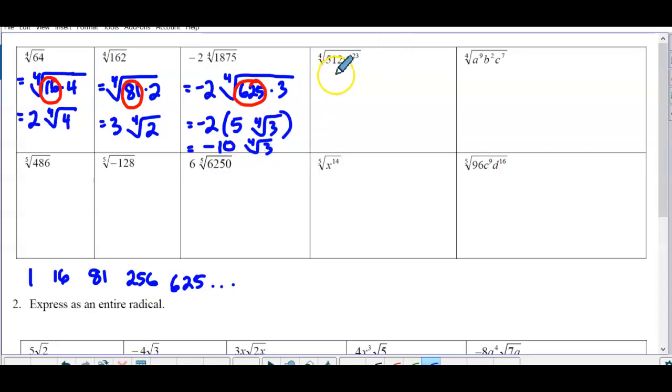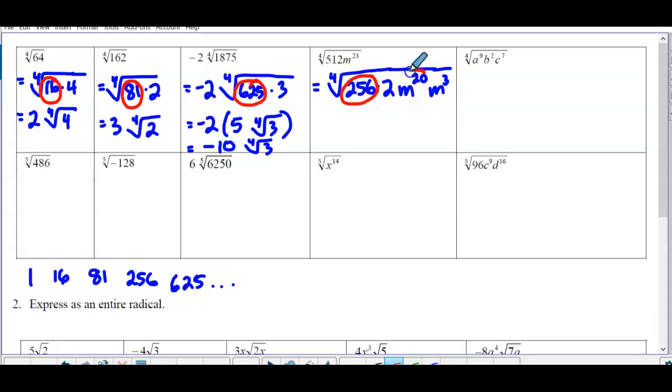Next one, fourth root of 512. Okay, so 512, if you look, 256 doubled is 512. So that's going to be fourth root of 256 times 2. And then your variables. So 23 is not a multiple of 4. Next lower multiple of 4 is 20. So that's going to be m to the 20 times m cubed.